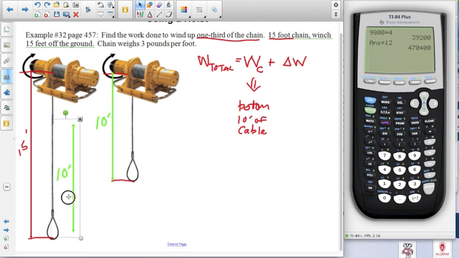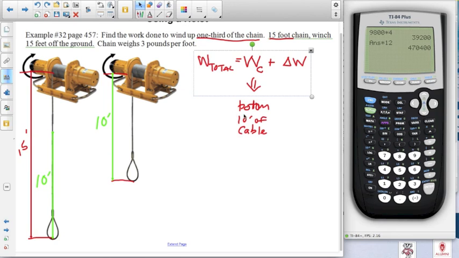So this bottom 10 feet right here, which is represented right there, is just being lifted straight up. It's not being modified at all. It's not being shortened at all or anything. So that's your constant part.